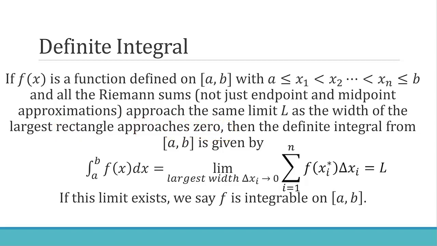If there's infinitely many rectangles, the width is going to have to get really, really tiny. So the width of the rectangle will have to go to 0.